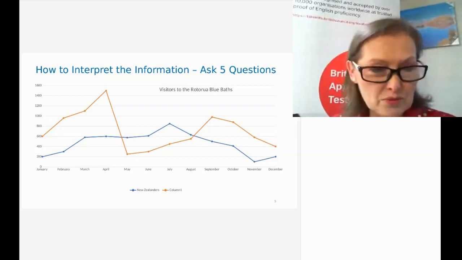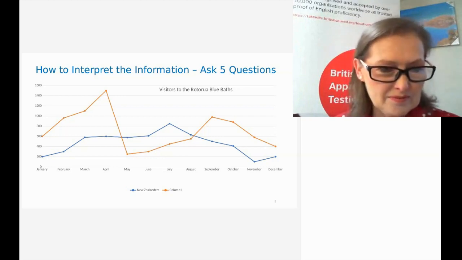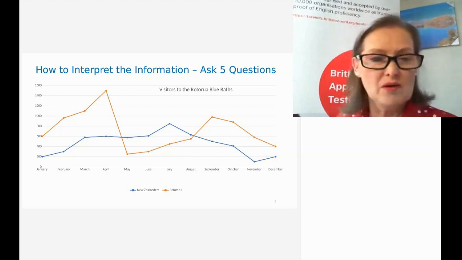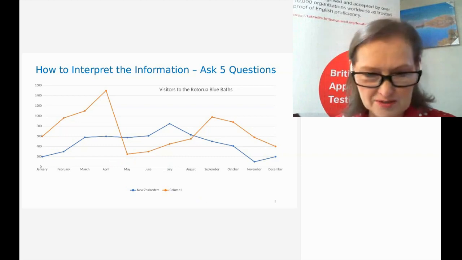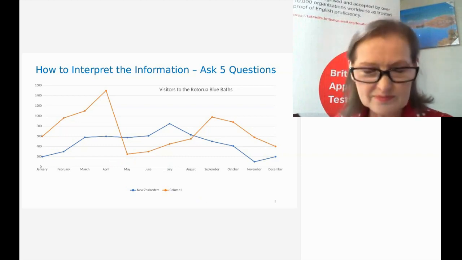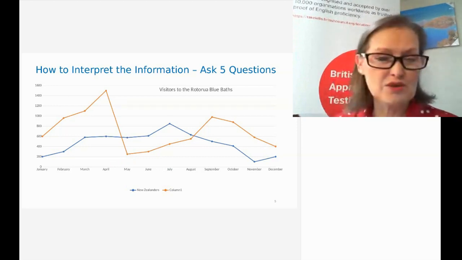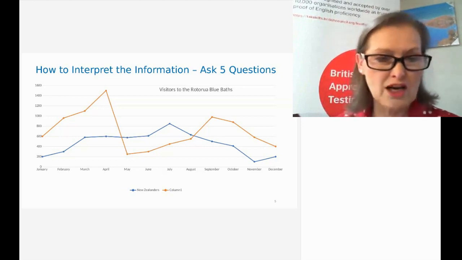Question number 3, what are my units? And question number 4, what main points in terms of details can I write about? Just give you a minute or two to have a look at the graph and decide what you think is important to write about.